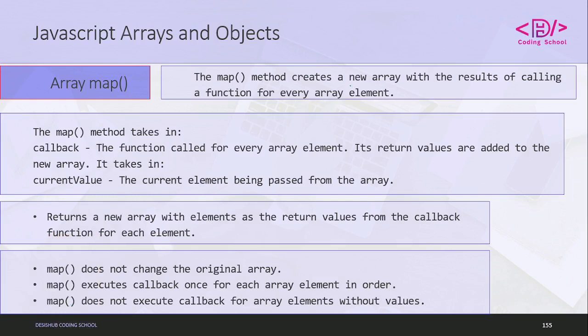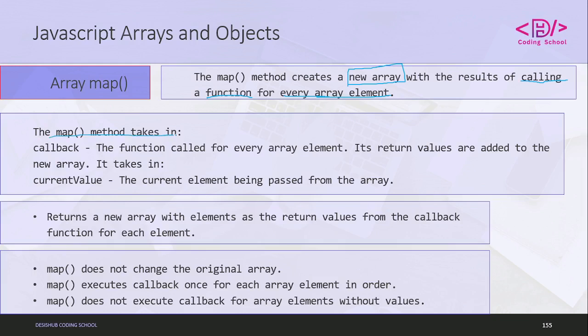It creates a new array, that is one thing to note, with the result of calling a function. Calling a what? It calls a function, for every array element. Those are key terms.